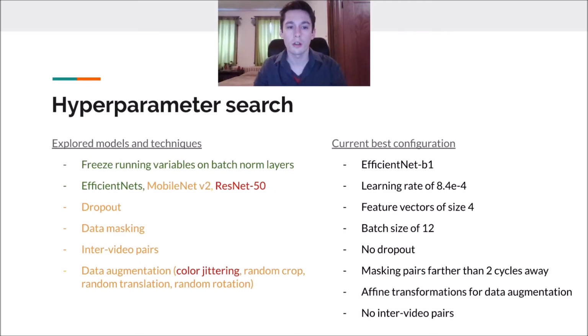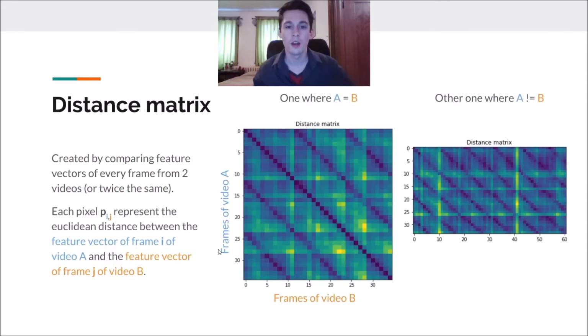During training, we tested different models like the EfficientNet, MobileNet, and ResNet, and found out that the best performing one was the EfficientNet B1 with a feature vector size of only 4. Freezing the running variable on batch norm layers also helped a lot. Once the model is trained, it can be used to generate distance matrices by comparing the feature vectors of 2 videos.